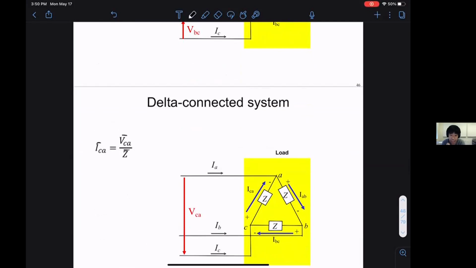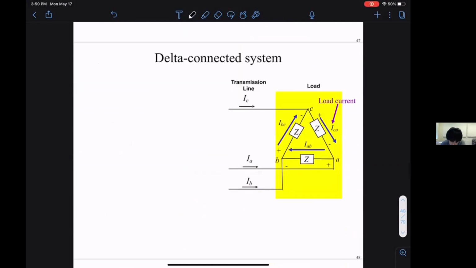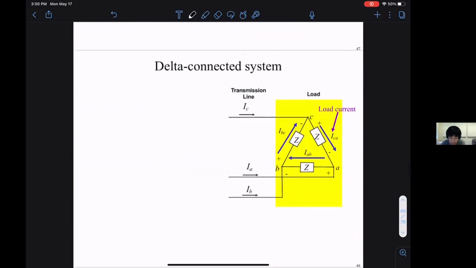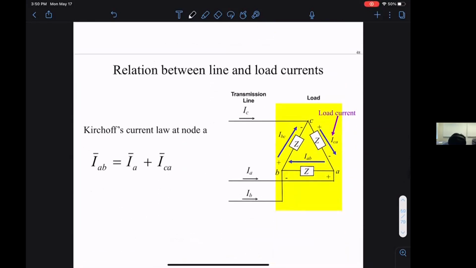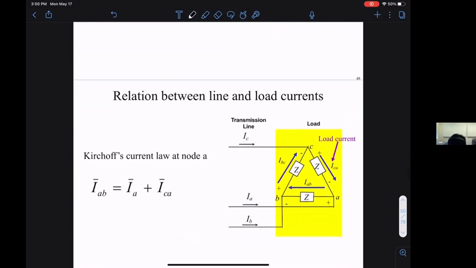Right. So for a delta connected system, this is again fairly simple. All you need to do is to relate the current flow to the line-to-line flow. So the way we do that is if you look at the transmission line current flow and the phase current flow, you'll see that IAB is IA plus ICA.